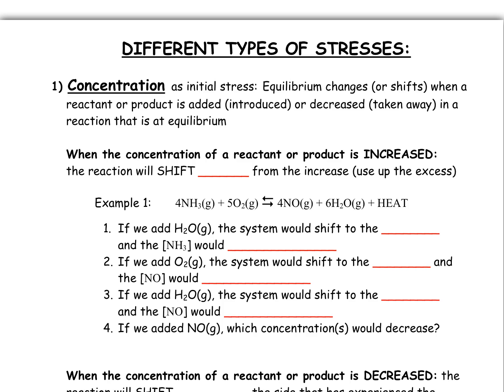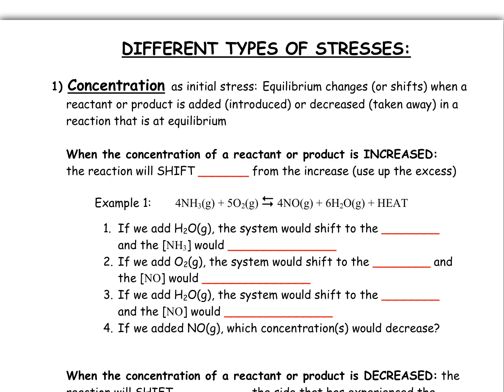So, different types of stresses. First one we'll look at is concentration. So when concentration changes, our equilibrium will shift when a reactant or product is added or taken away. If we add more reactant, now there's more reactants to collide, so the reaction rate will obviously increase.